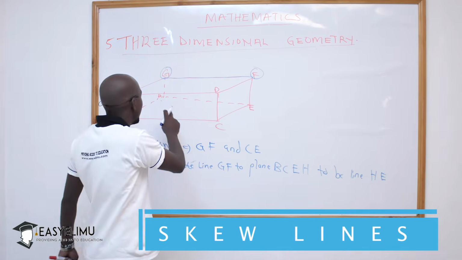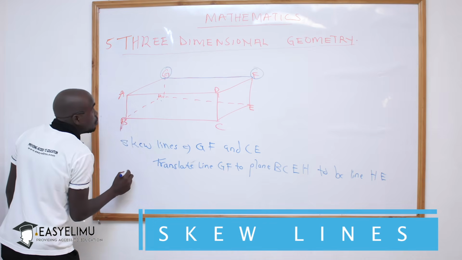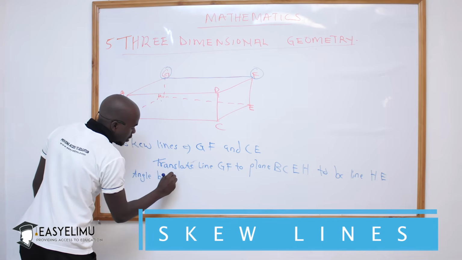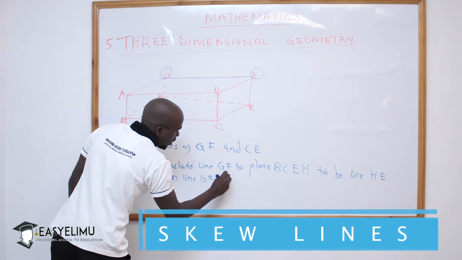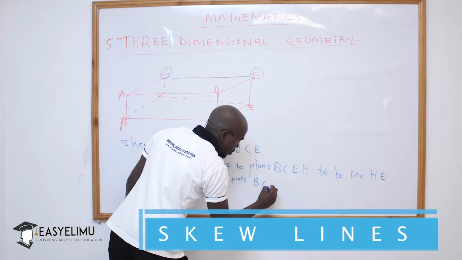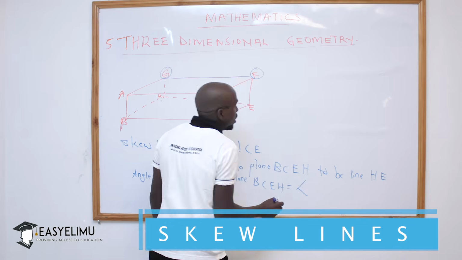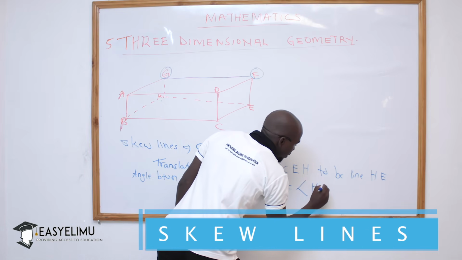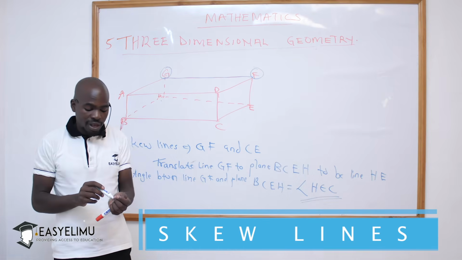So the angle between line GF and CE is the same as, after translating, the angle between HE and CE. That is what we refer to as translating.